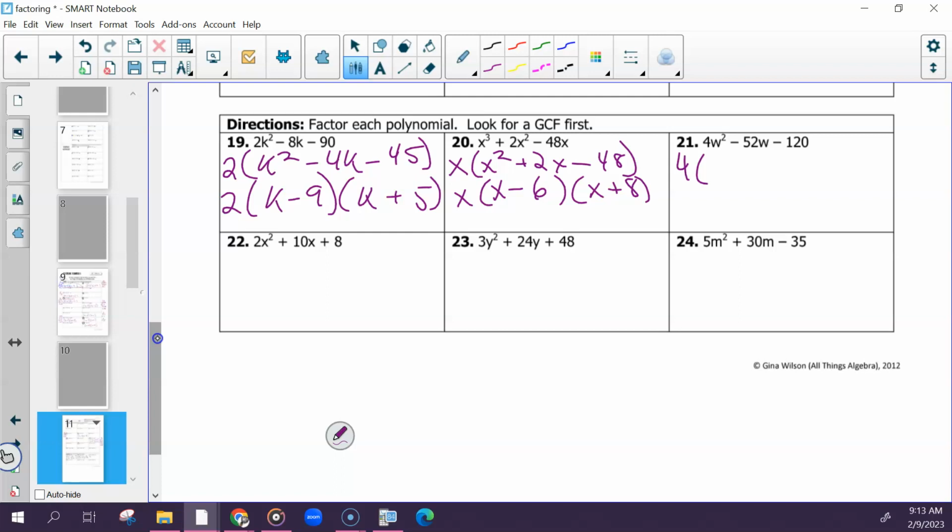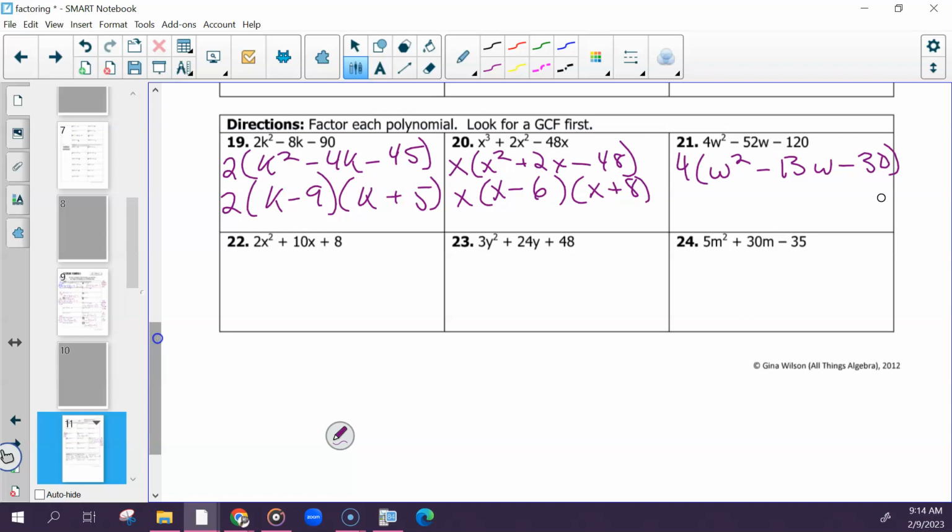W squared minus 13w minus 30. General rule with these, if it has a GCF, whatever the first number is going to be your GCF. It has to get rid of that. But if it doesn't have a number, it's most likely a variable.